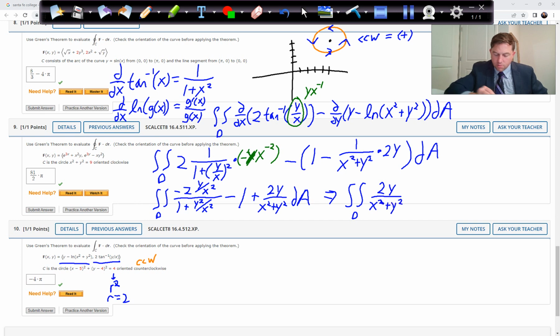And there's a minus in front, so it's actually minus 2y over x squared plus y squared. Then it's minus 1, then it's plus 2y over x squared plus y squared, dA.